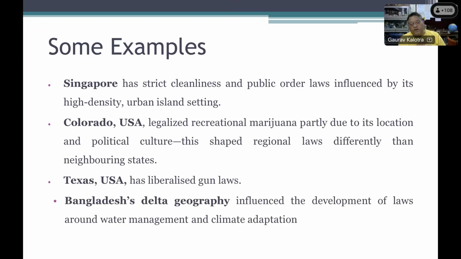Then Colorado, USA, legalized recreational marijuana partly due to its location and cultural context. They shaped regional laws differently than neighboring states. Texas, USA has liberalized gun laws. Bangladesh's delta geography influenced the development of laws around water management and climate adaptation.